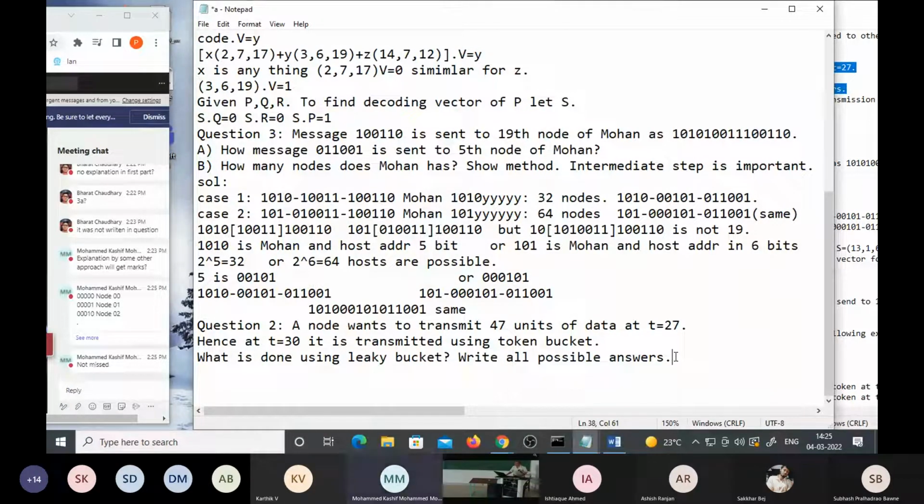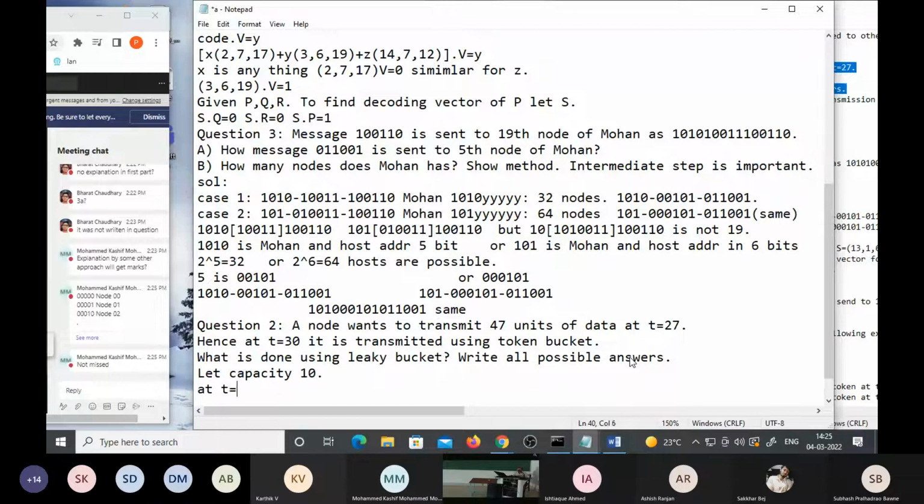Okay, fine. Now, a node wants to transmit 47 units of data. Let capacity be 10. What will happen?